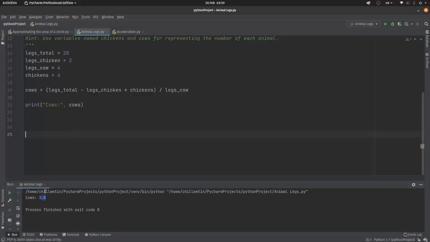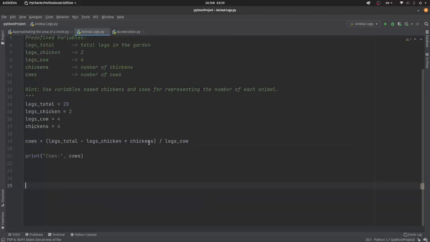So what we need to do, because we did a division operation here, Python automatically converted this data, the number of cows, into a floating point number. What is a floating point number? In a floating point number, there's actually a point in the number, and regardless of it being integer or decimal, it always has this point. So in order to get rid of the point, we need to convert it into an integer.